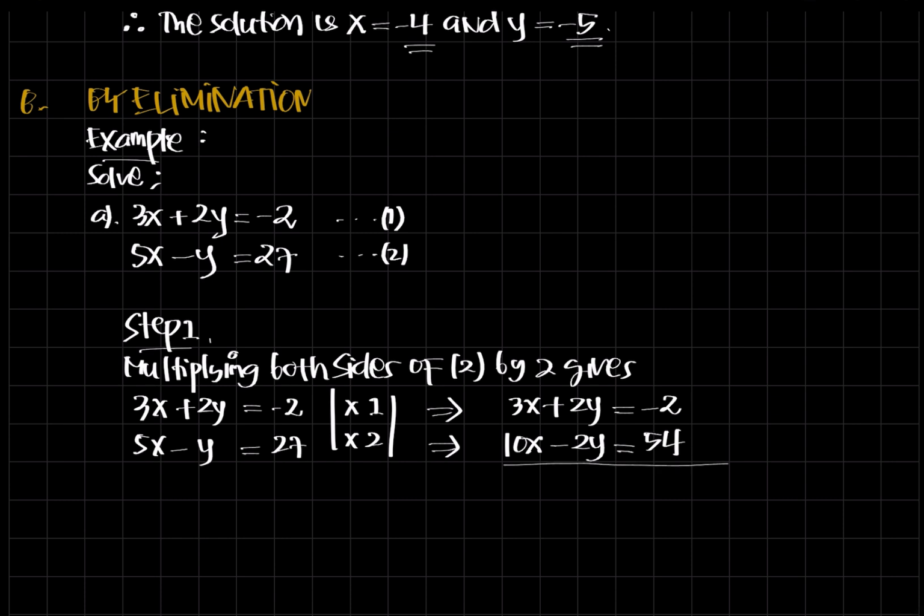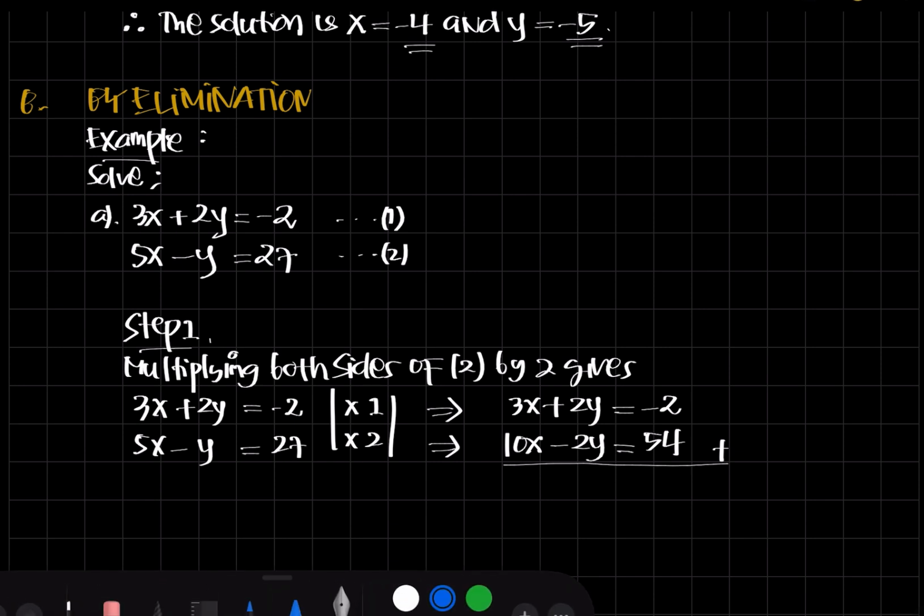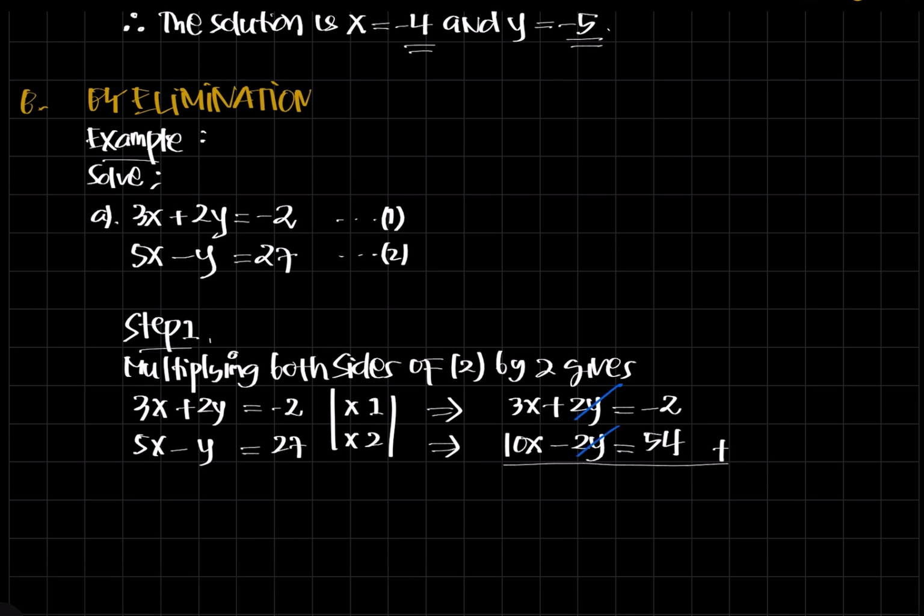Then what kind of math operation can we use? Because you want to remove the y variable, we just add them together. When we add them together, we can eliminate y, and then it turns into 3x plus 10x equals negative 2 plus 54.